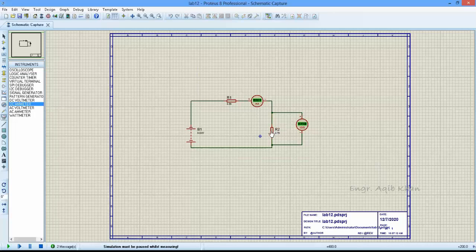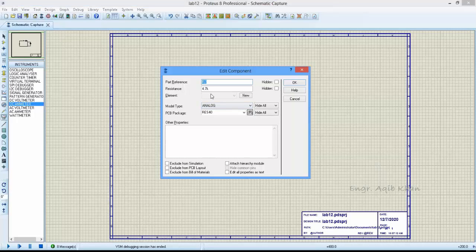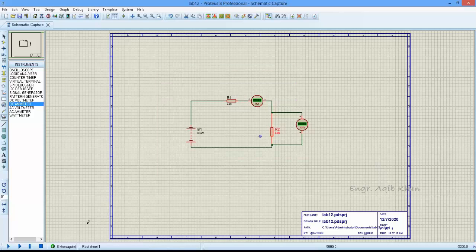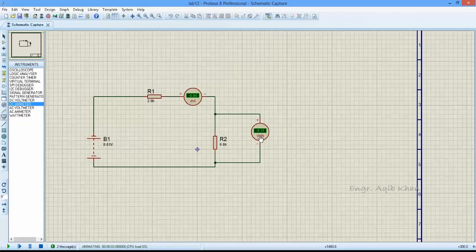The last is 6.8. Voltage is minus 6.11 volt and current is minus 0.9 milliamp.